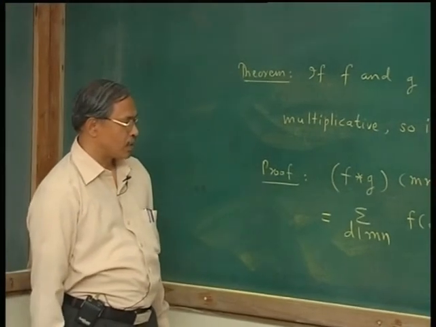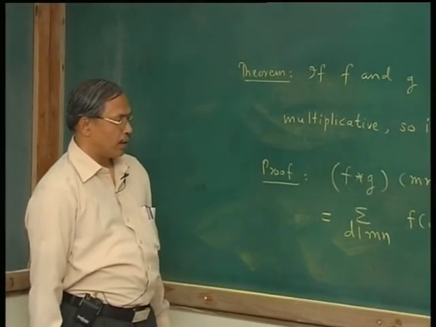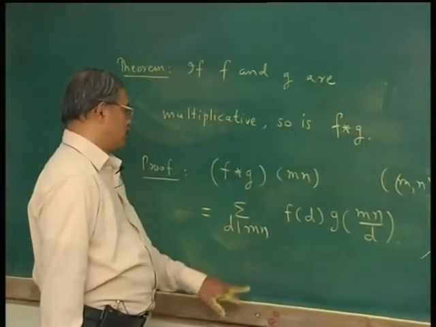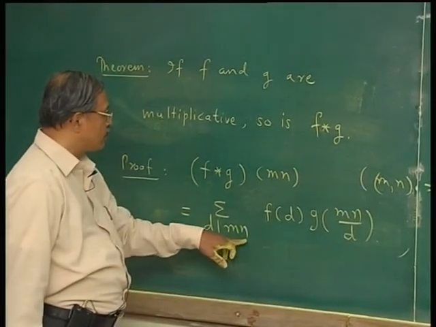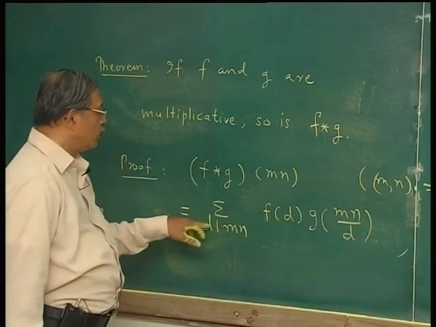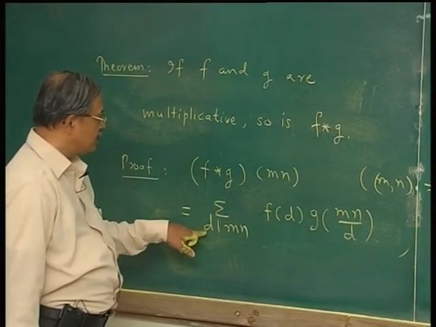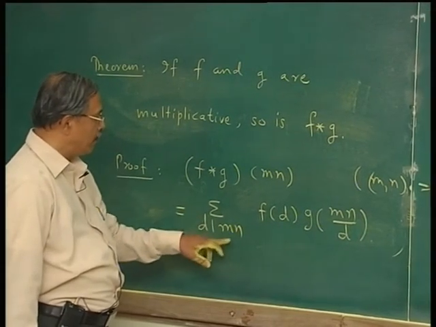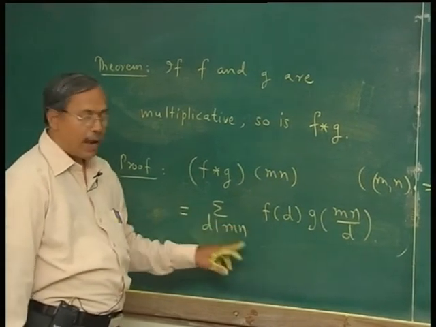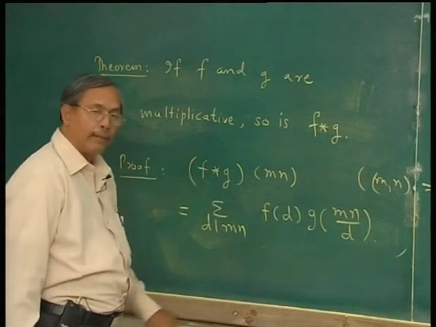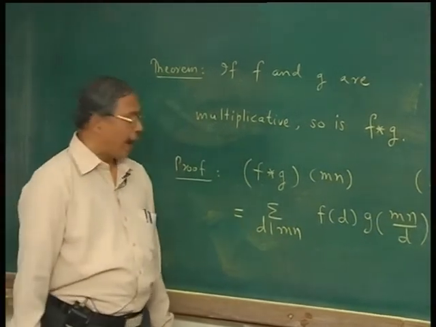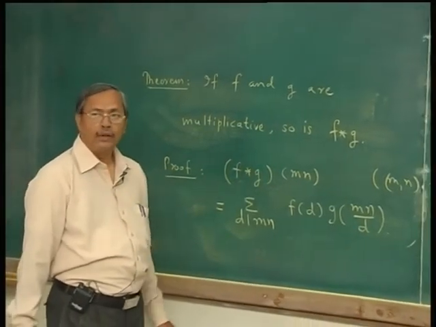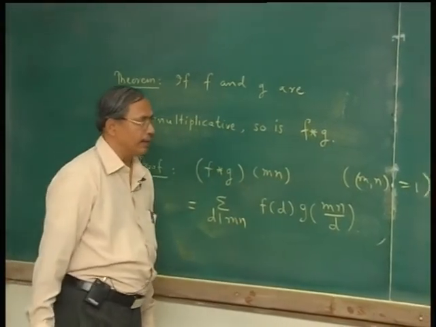Now, as d varies over divisors of mn, you can write any such divisor as d1 into d2, where d1 divides m and d2 divides n. And these d1 and d2 are determined uniquely and they vary over respectively divisors of m and divisors of n.